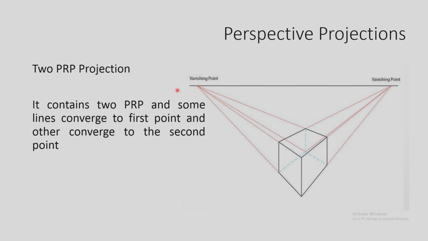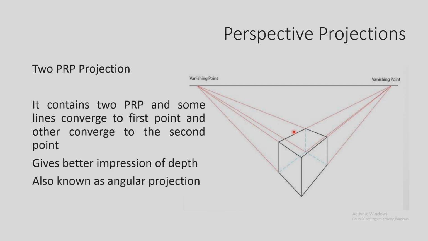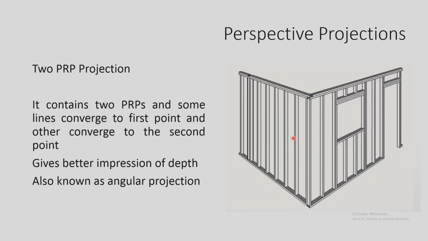In this case, you have two vanishing points. Some of the lines converge to this vanishing point and others converge to this. So it gives a better impression of depth. This projection is also known as angular perspective projection.